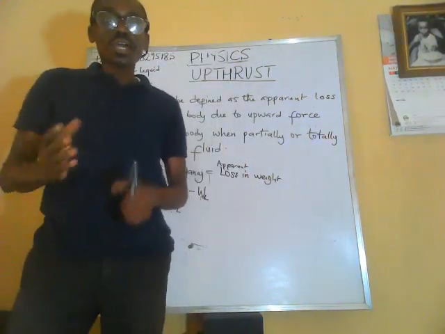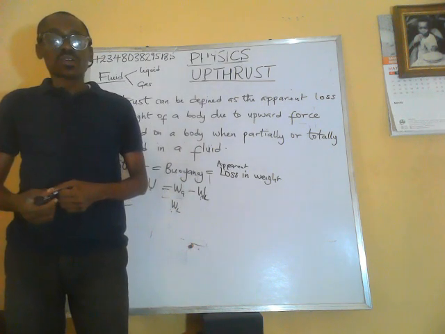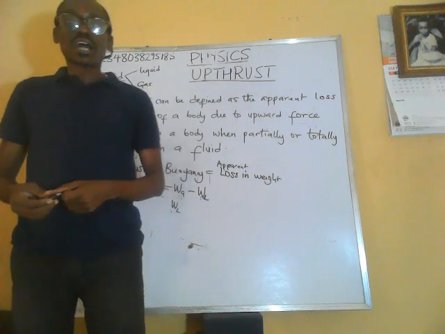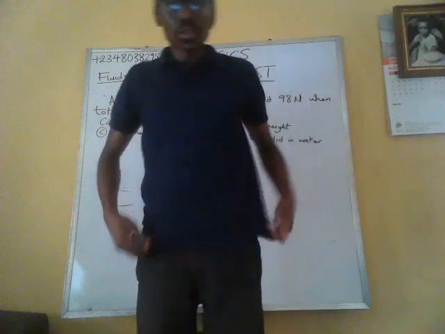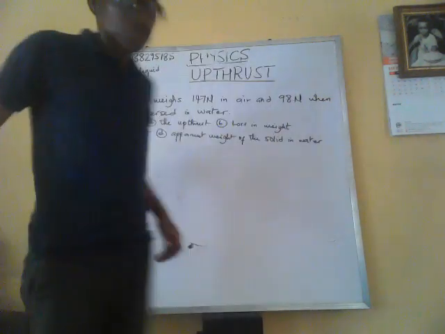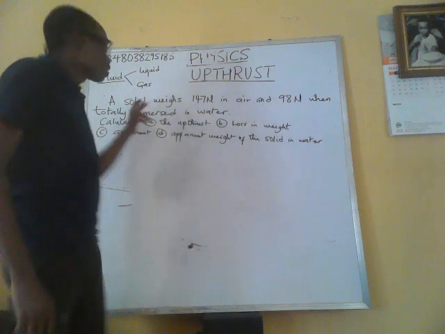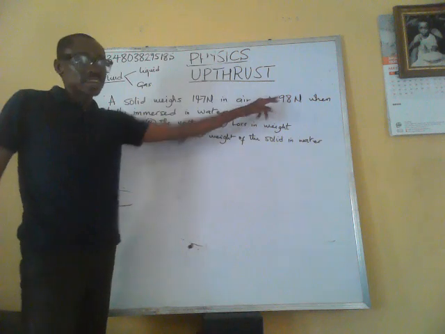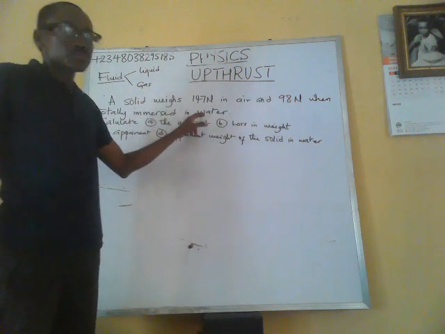So we are going to take a quick calculation right away. We are going to solve one example on how to calculate upthrust. In this case, we have a solid that weighs 147 Newton in air and 98 Newton when totally immersed in water.